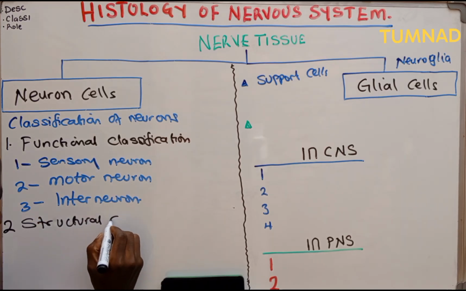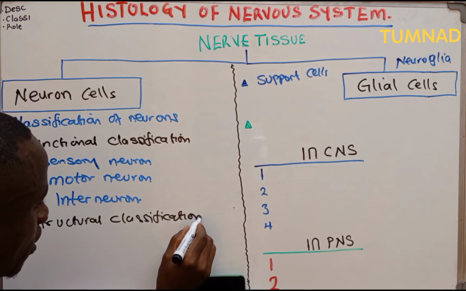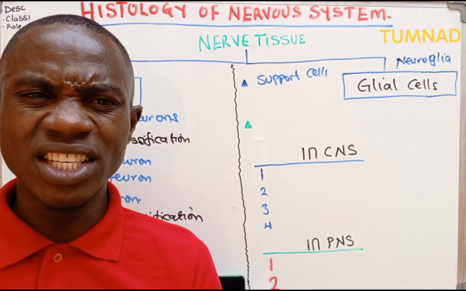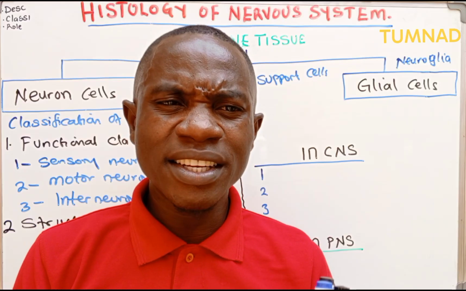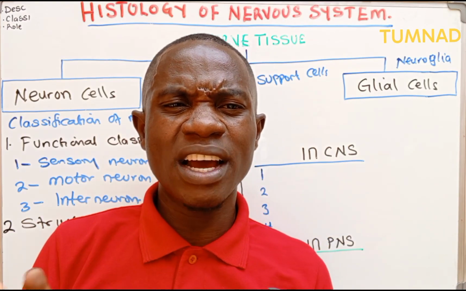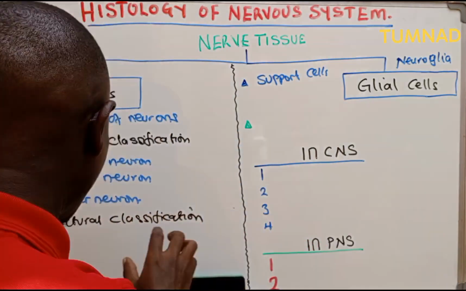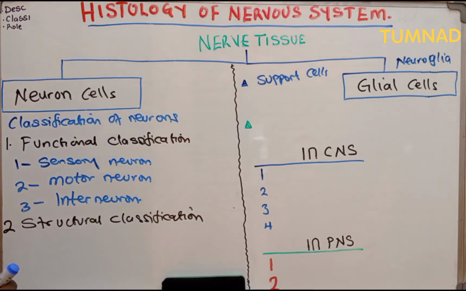When we talk about structural classification, we look at neurons having different kinds of shapes and different types of extensions, some having a lot more processes than others. Under structural classification of neurons, we also have a couple of types.